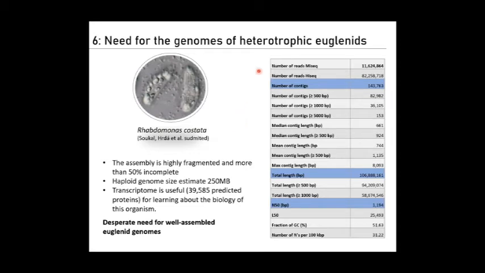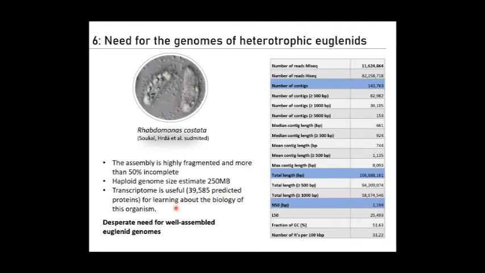Unfortunately, the quality of the assembly is not so good, nothing to be proud of, basically. However, it's not worse than the Euglena gracilis genome, by the way. And it's again quite fragmented, and it's derived from single-cell amplified DNA, which also doesn't help. But it helps us, for example, to estimate that the haploid genome size of this heterotroph is smaller than Euglena gracilis, so the heterotrophs might be an easier candidate for genome sequencing.